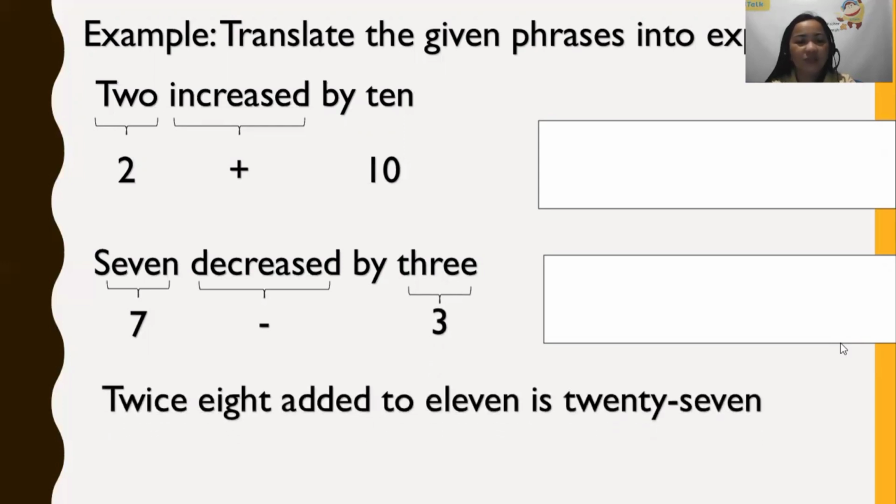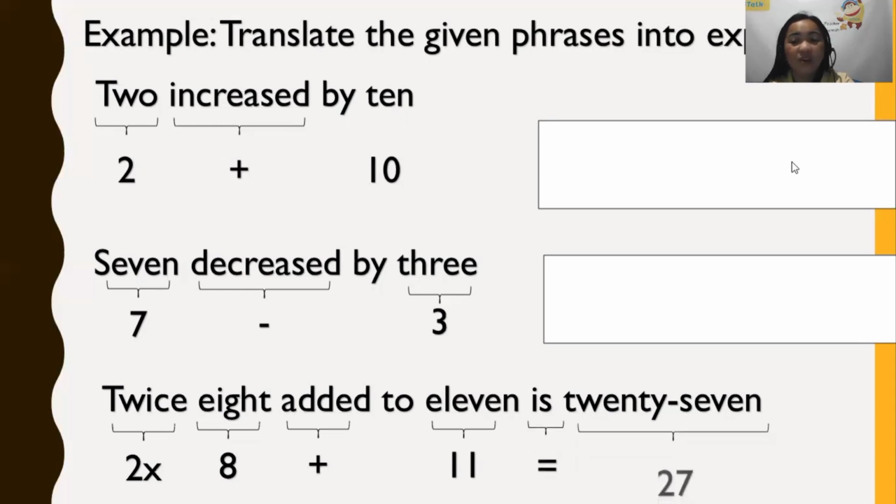And then we have twice 8 added to 11 is 27. Now we have twice means 2 times 8. Added means plus or addition. We have 11. Is is represented by equal sign.